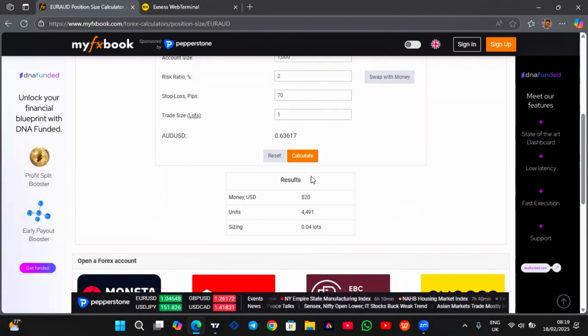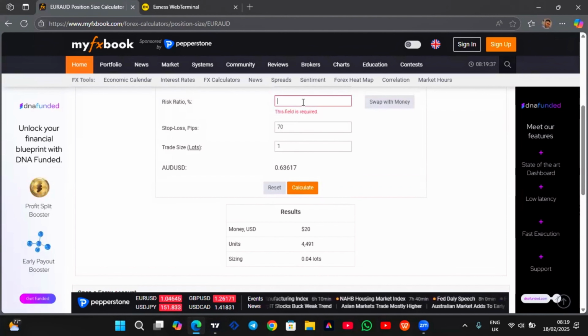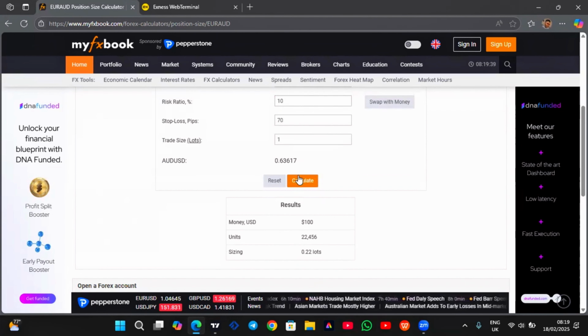Assuming I was risking, let's say, 100 USD, which is 10% of my account, and you do this calculation with this particular lot size, there's no way I'll be risking more than 70 pips to lose $100.